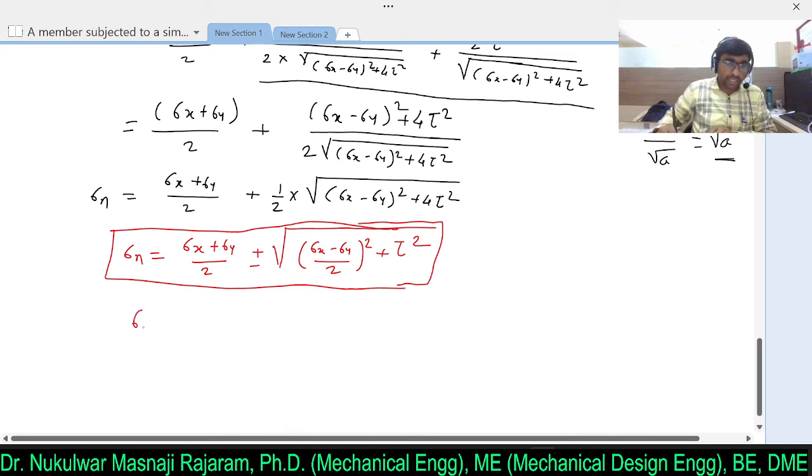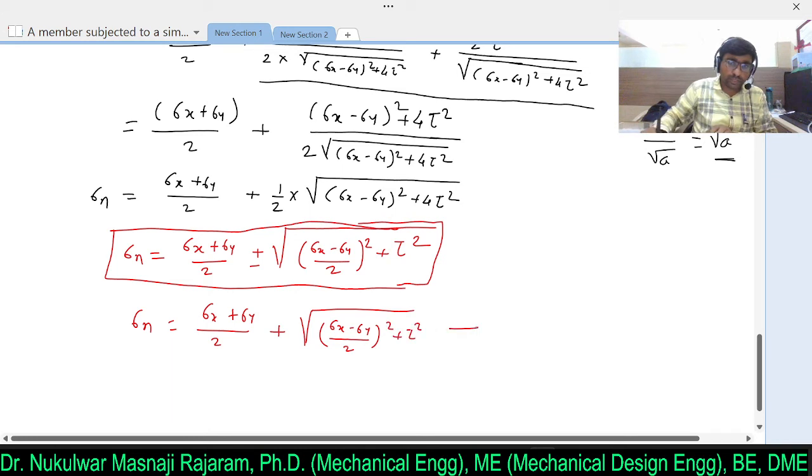So I can evaluate from this equation, if I take the plus sign, so (sigma x plus sigma y) divided by 2 plus under root of ((sigma x minus sigma y) divided by 2) whole square plus tau square, then this will become the major principal stress.